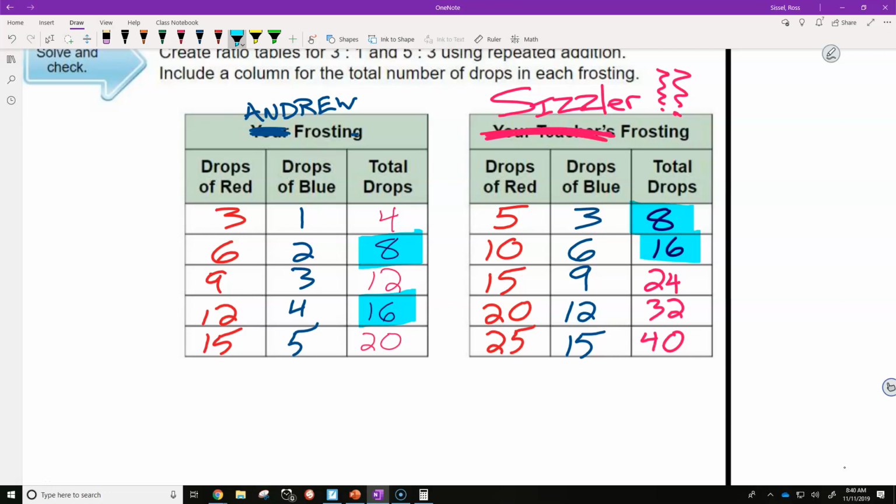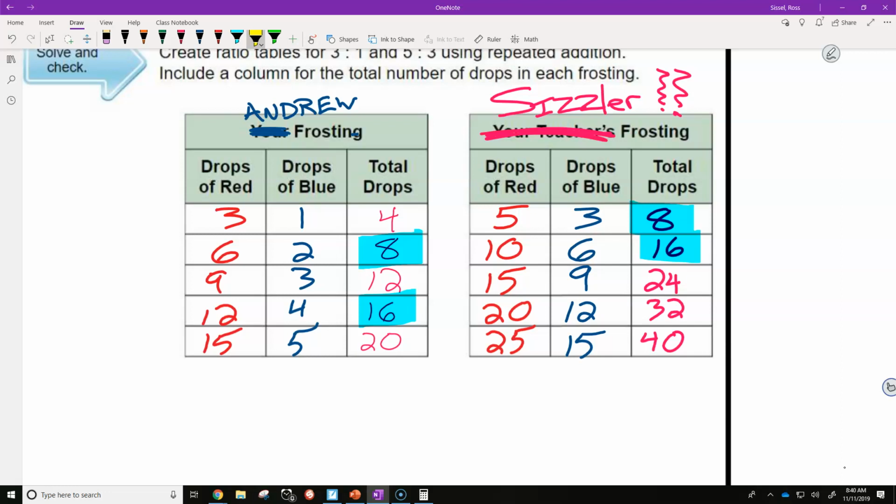Okay, what's a second thing you could read off the chart, if you didn't want to look at total drops? Andrew? Could you do the drops of blue? Okay, what do you mean? Tell me more. I think that kind of takes away from the red. Okay, so what am I going to compare though? Nope, we already did total drops. No more total drops.